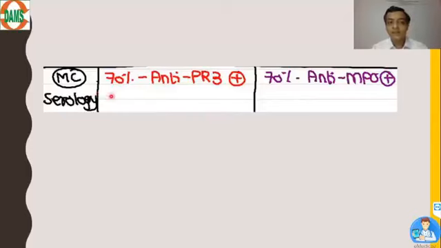So the vasculitis screening antibody is ANCA.